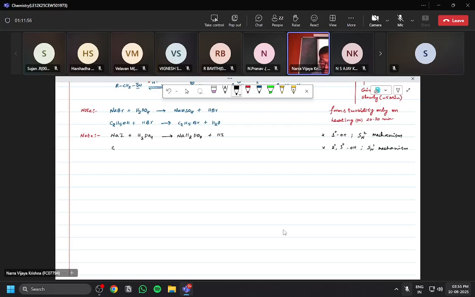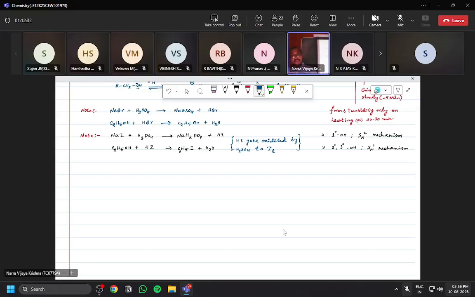Now, ethyl alcohol reacts with HI to form C2H5I plus H2O. Reason, HI gets oxidized by H2SO4 to form I2. That's why we don't prefer it.